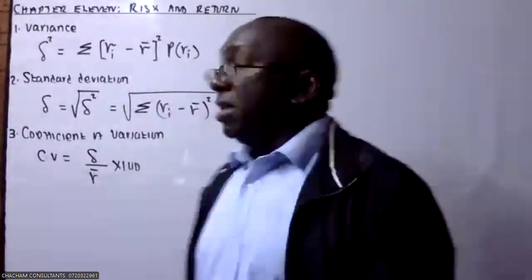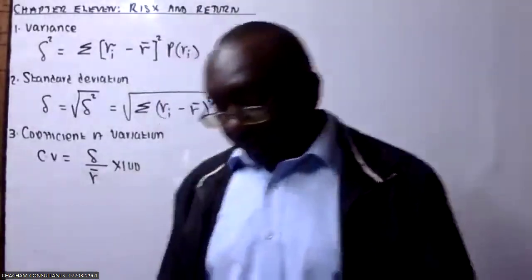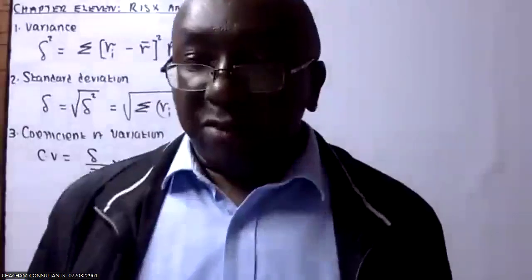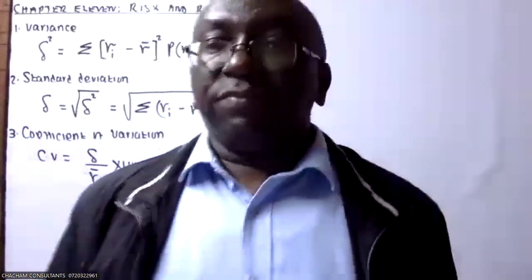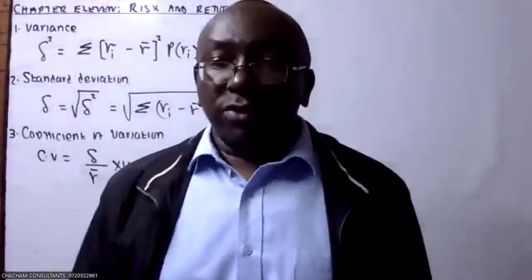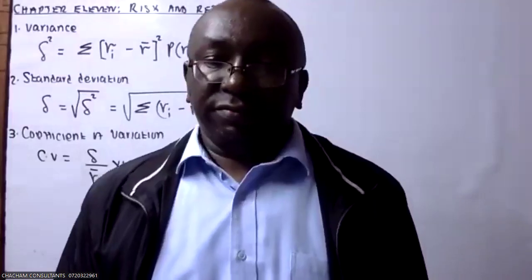Yeah, so those are the three measures we use to measure risk. And we are saying risk is the chance or the probability. Remember, probability is a measure of chances. So it is the measure of chance that what you are expecting, you will get something different.